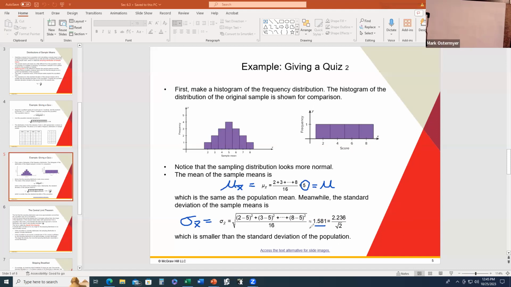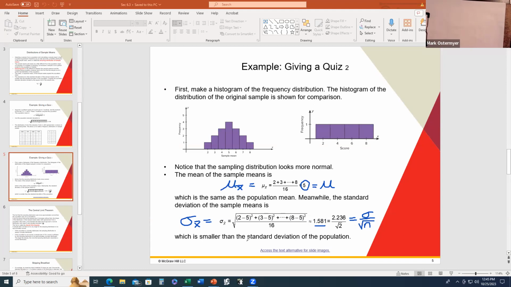This standard error is 1.581. Notice it's equal to the standard deviation of the population divided by the square root of the sample size. Everybody see that there? Is that just a coincidence? The answer is no. We're on to something very important here.